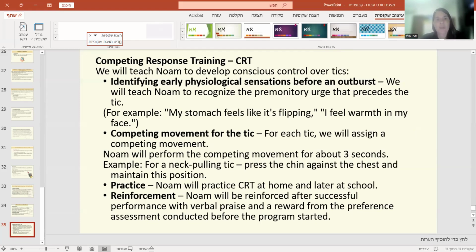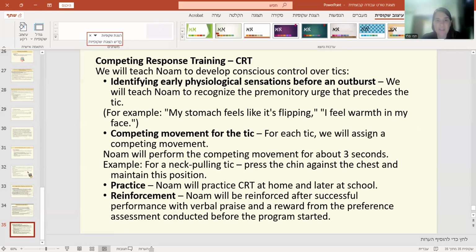Noam will perform the competing movement for about 3 seconds. Example, for a neck pulling tic, instead of the tic, press the chin against the chest and maintain this position for 3 seconds. After that, practice.